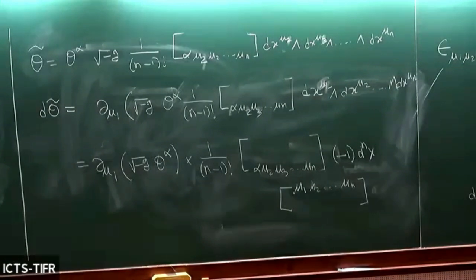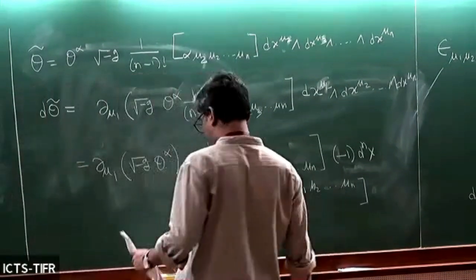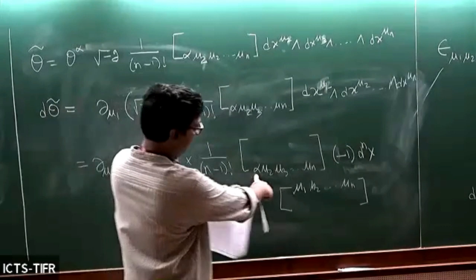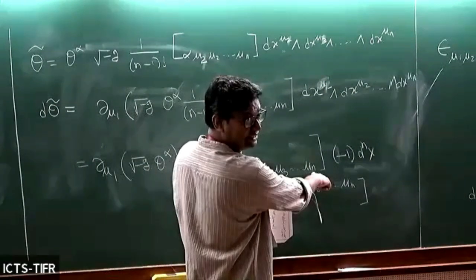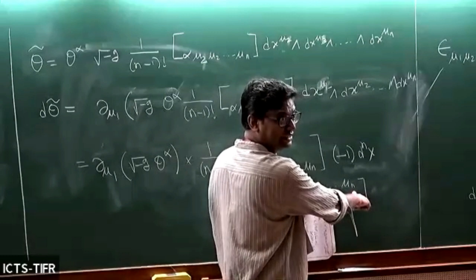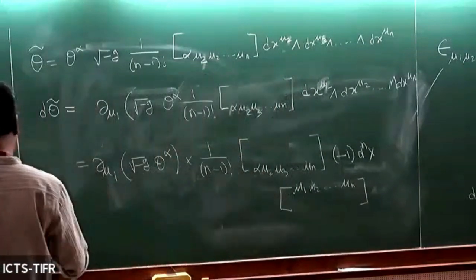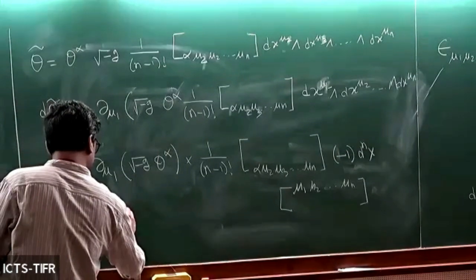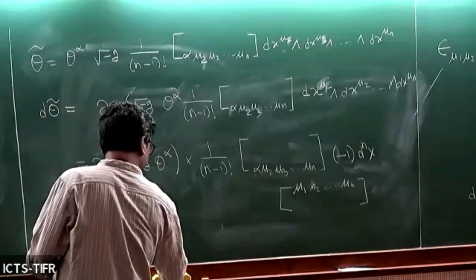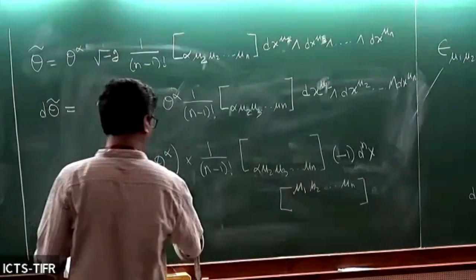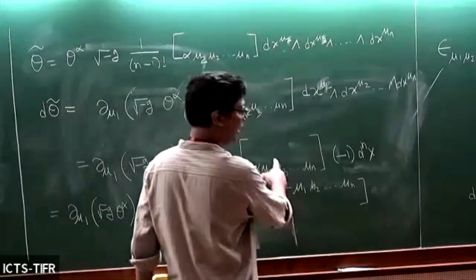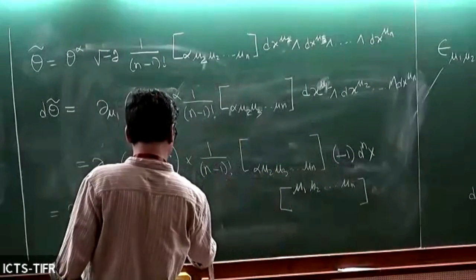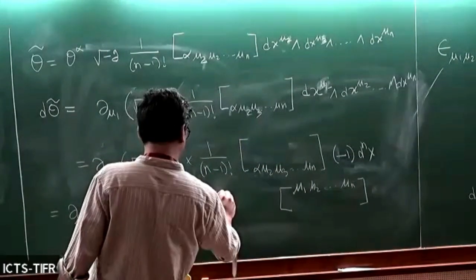Now you can clearly see that this alpha is contracted here. There are n minus 1 indices here, and therefore you will have del of mu1 square root of minus g theta alpha 1 by (n minus 1) factorial, and then minus. In this normalization, you get one minus sign; here there is a minus sign, that becomes plus. You will have (n minus 1) factorial and a delta mu1.